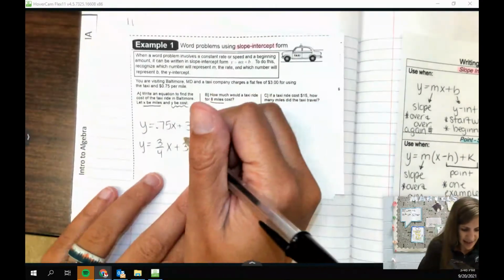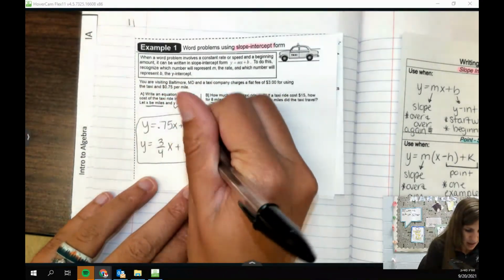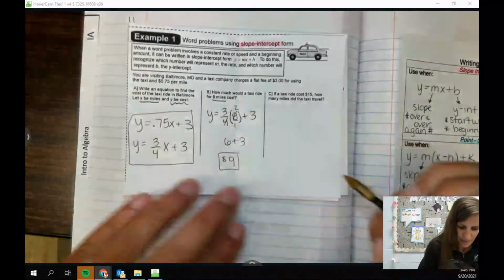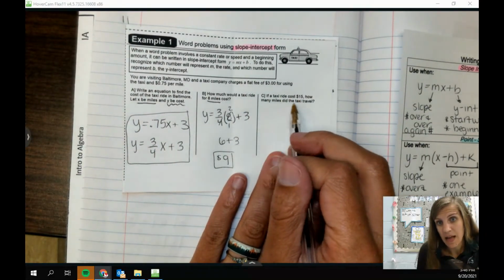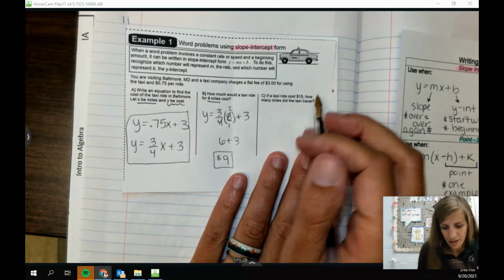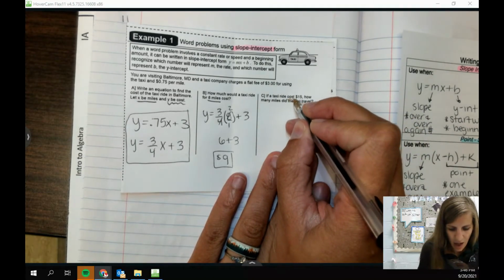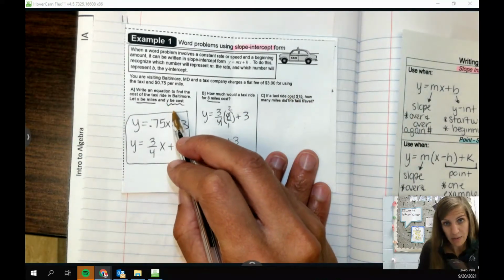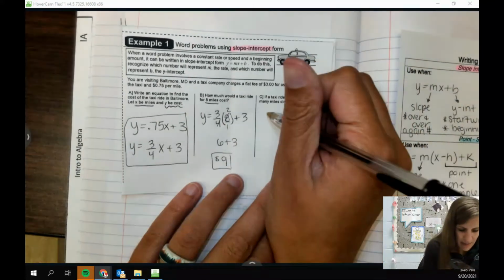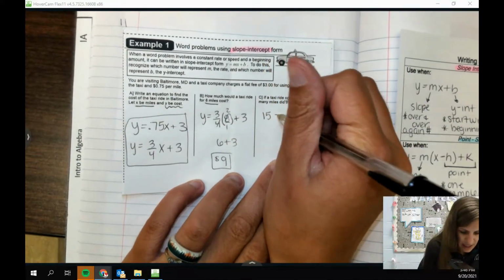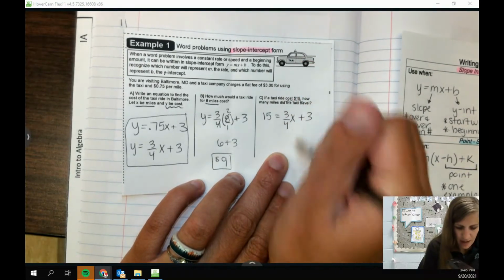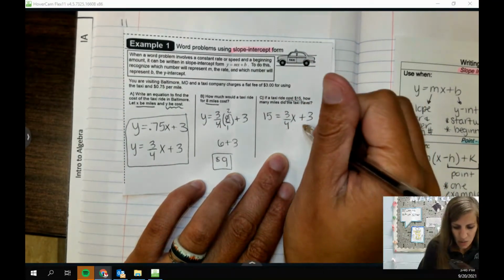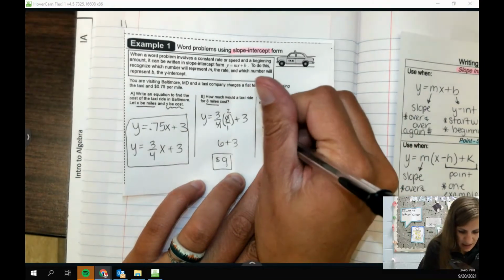And then the last example here, part C, if a taxi ride costs $15, how many miles did the taxi travel? So now they're giving me cost, which they said y was cost. So going back to my original equation, we have 15 equals 3/4 x plus 3. And so we'll subtract 3 on both sides.